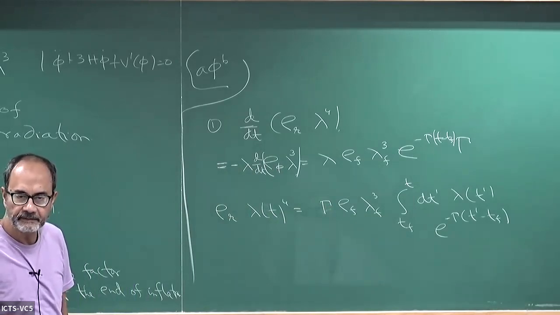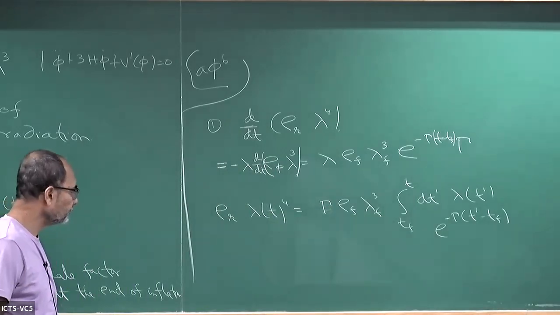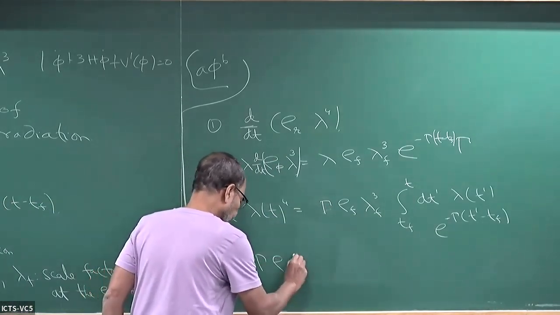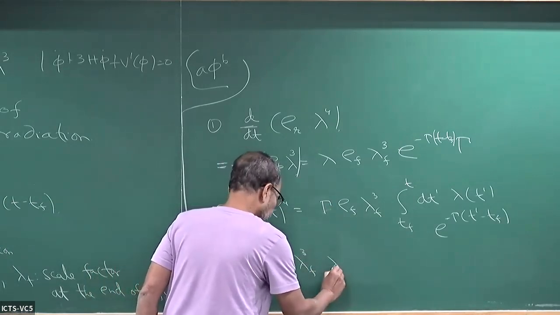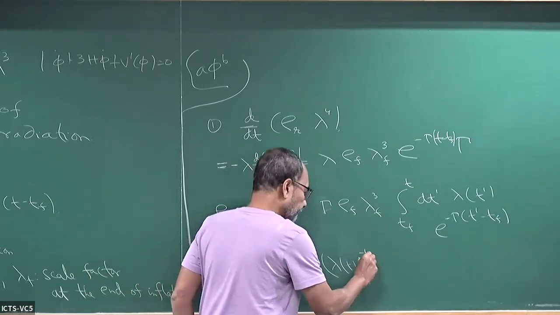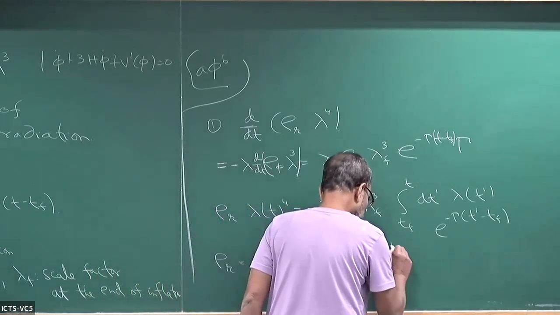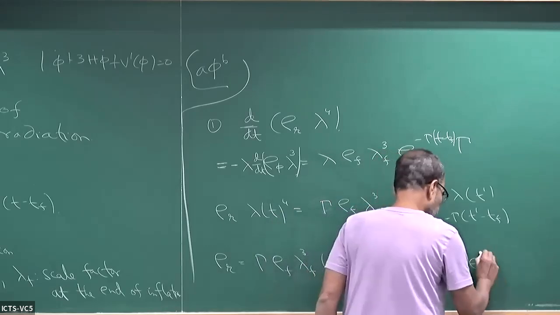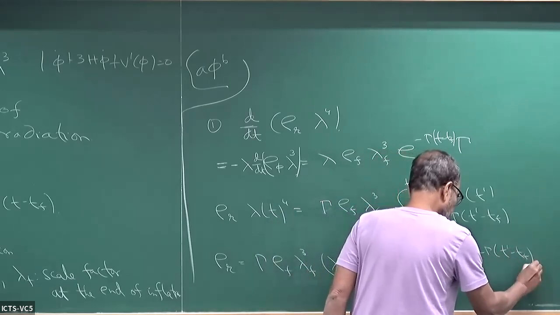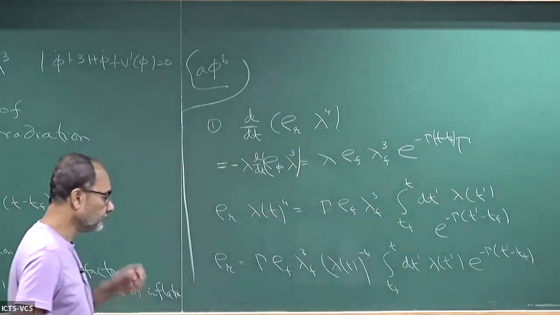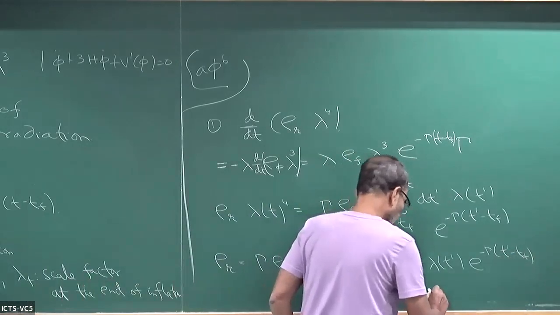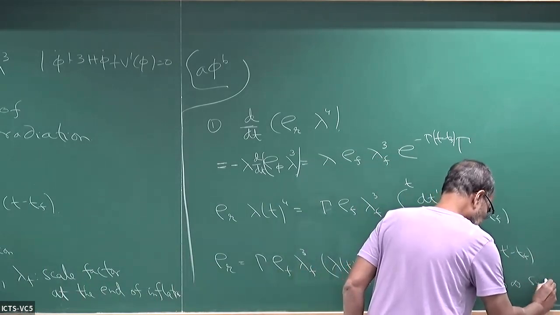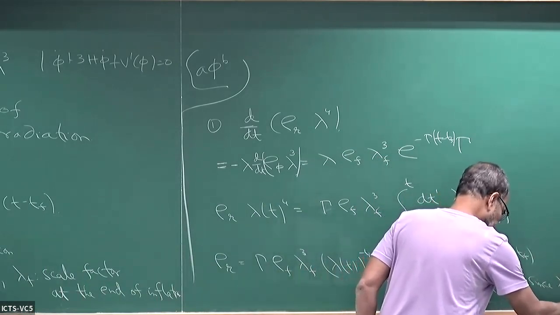Is it clear? So let me write the expression for rho r: gamma rho f lambda f cube lambda t to the power minus 4, integral Tf to T. So this of course goes to 0 as t goes to infinity, since lambda of t goes to infinity.